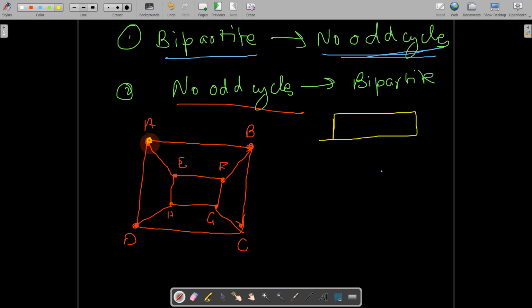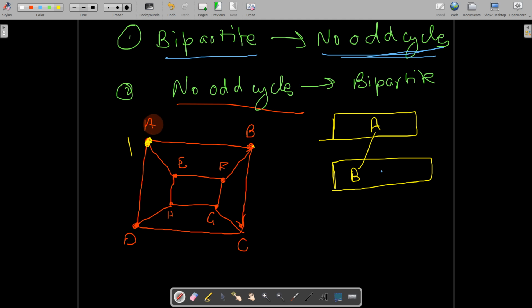Suppose we start from vertex A. We keep vertex A over here, and whatever vertices are adjacent to this vertex A, I will draw in a separate set like this, at distance one.